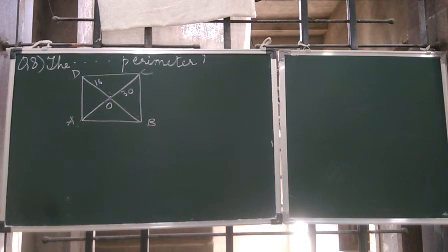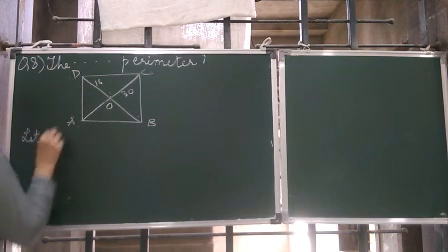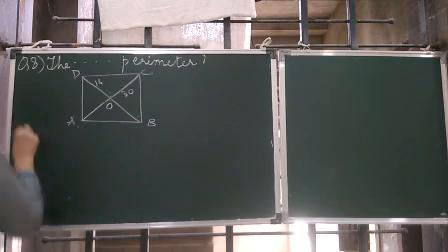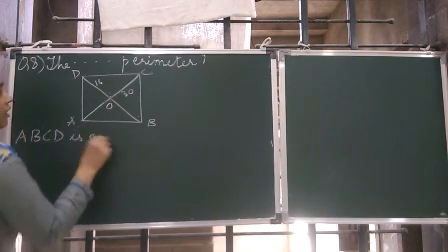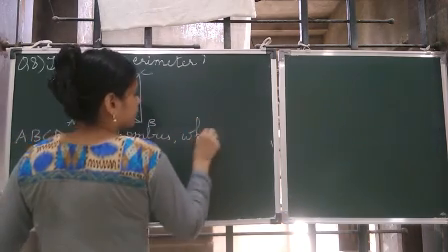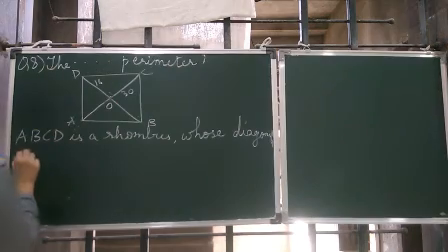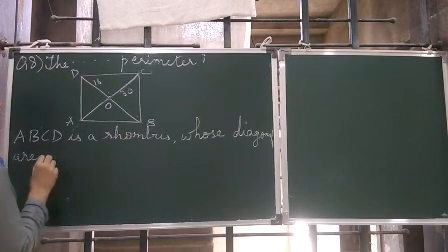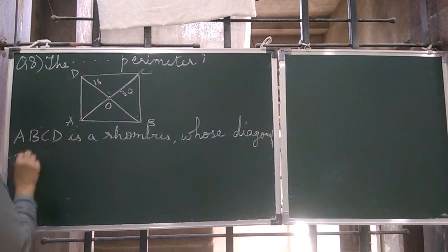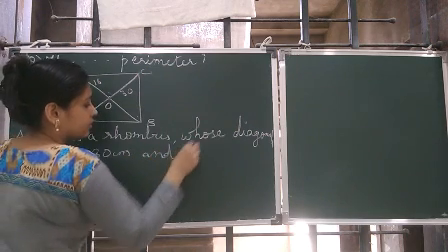So let's write the property. It is given that ABCD is a rhombus whose diagonals measure 30 and 16 centimeter.